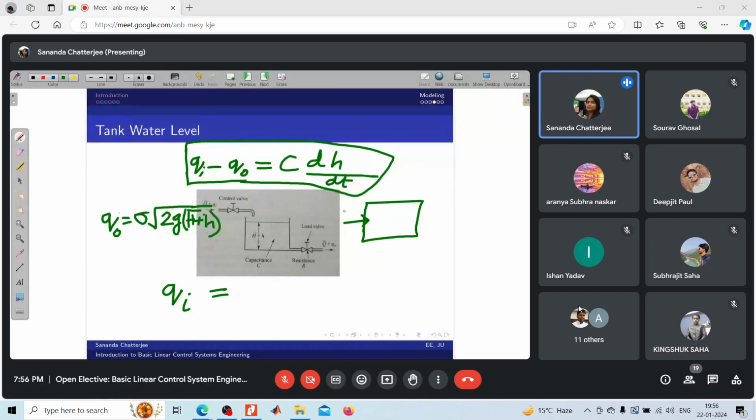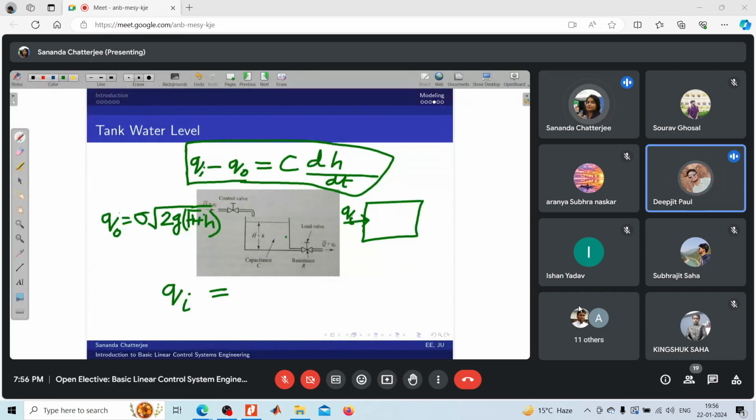Okay, so our input here is to change the inflow rate in the tank, that is Qi. The water level and the outflow rate are not independent. Only one of them you can control. Do you agree?